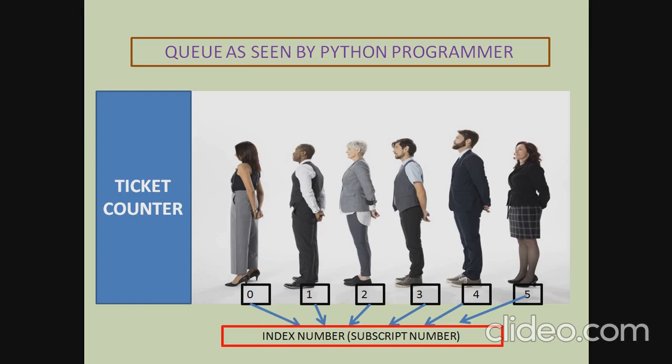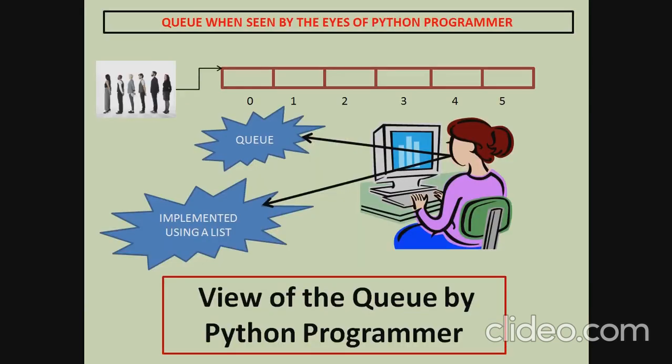So all these are subscript numbers. So a Python programmer sees a queue in the form of a list where people are standing at different subscript numbers. Let us proceed further. See how the Python programmer sees and understands that this sort of arrangement can be implemented using a list.